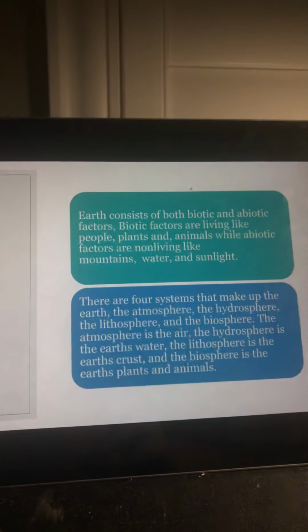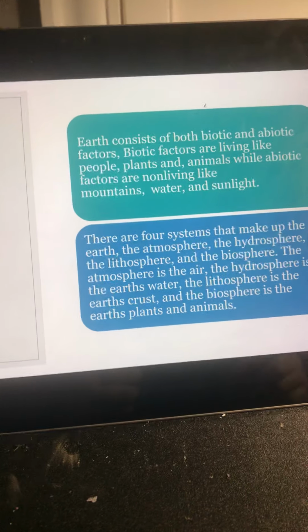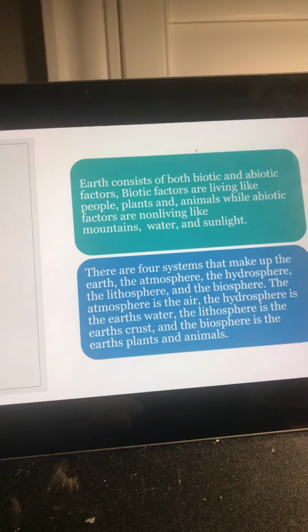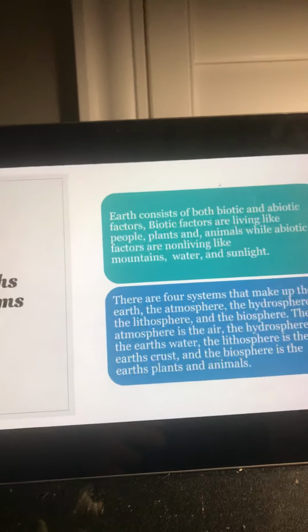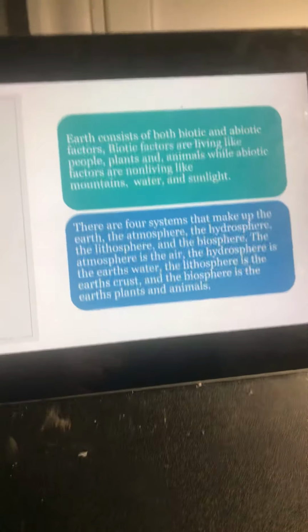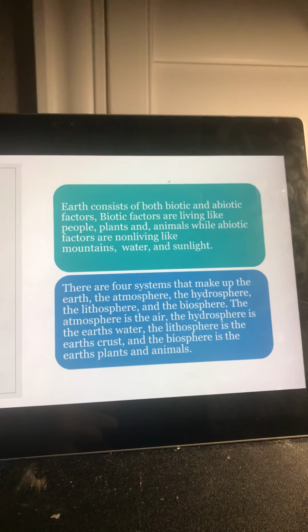And there are 4 systems that make up the Earth: the atmosphere, the hydrosphere, the lithosphere, and the biosphere. The atmosphere is the air, with all its different materials, like oxygen and nitrogen and helium.